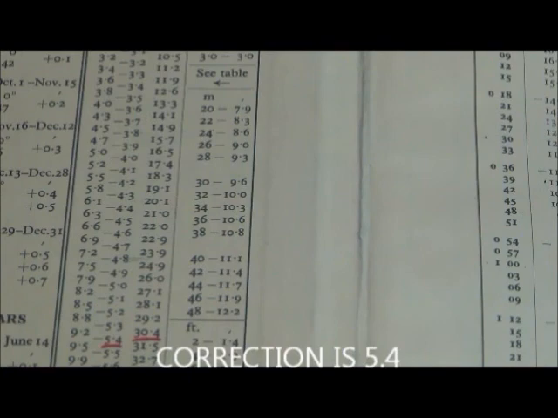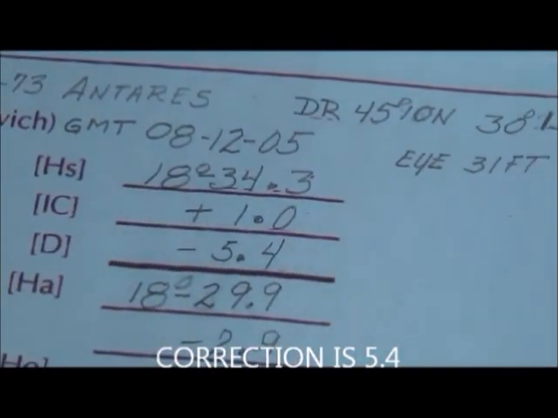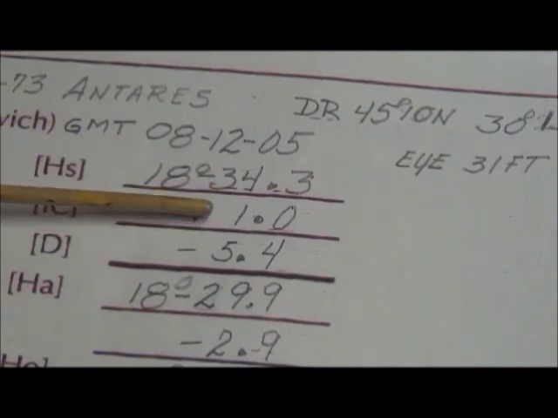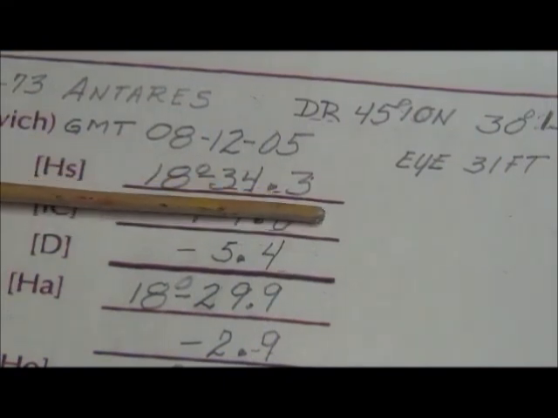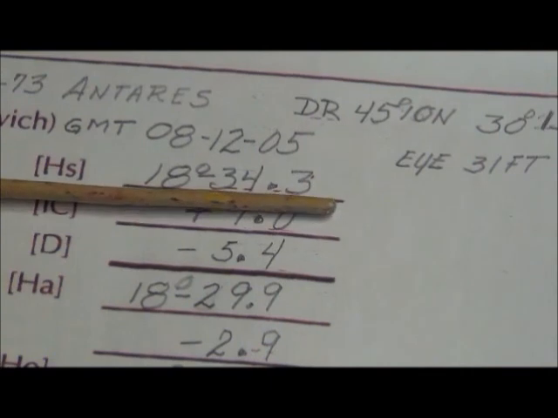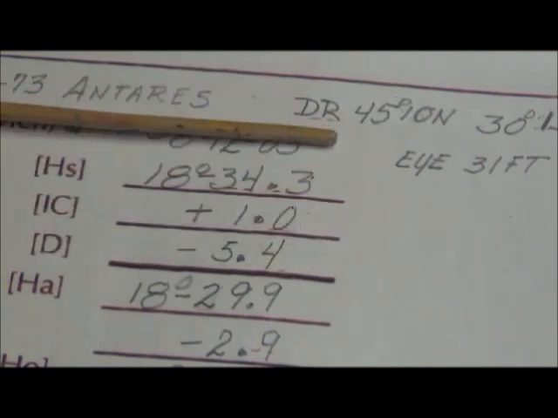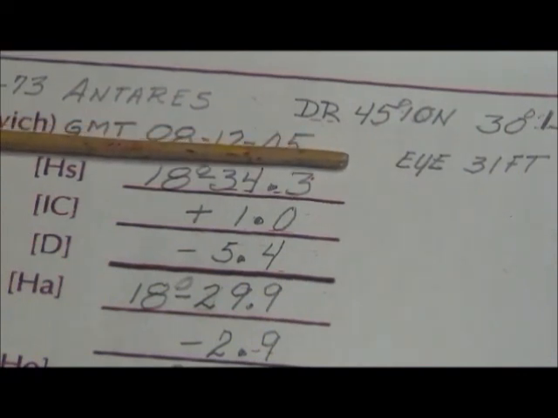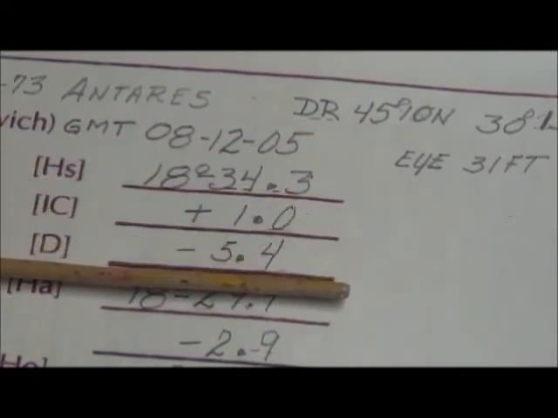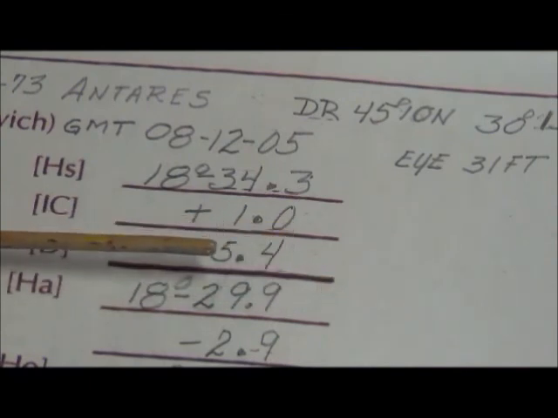So you write that 5.4 on the site form under dip. So now we have corrected for the sextant error, called index error, and the dip. We add and subtract as necessary to get the apparent altitude. So now we have the apparent altitude.